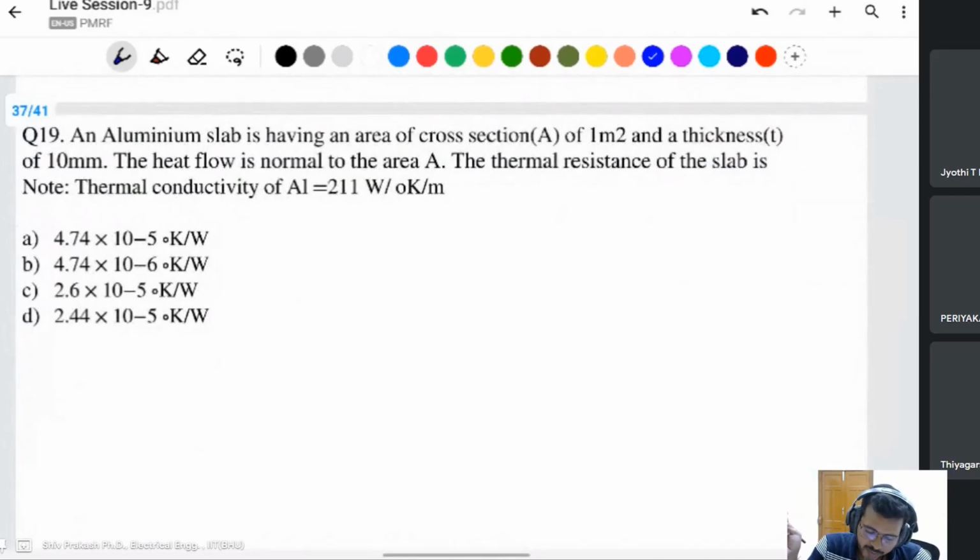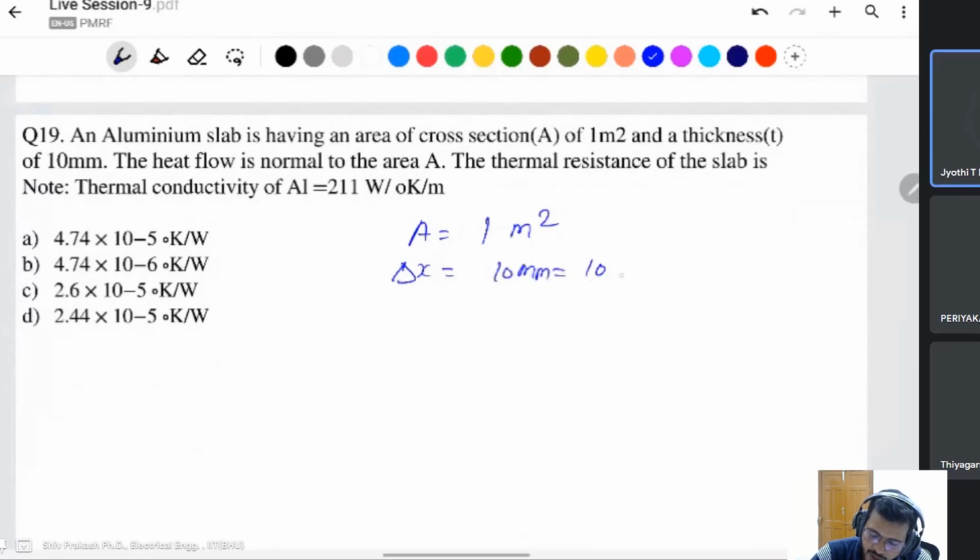An aluminium slab is having a cross-section area of 1 meter square. Area is given as 1 meter square, and thickness delta x is 10 mm, which is 10 into 10 to the power minus 3 meter.